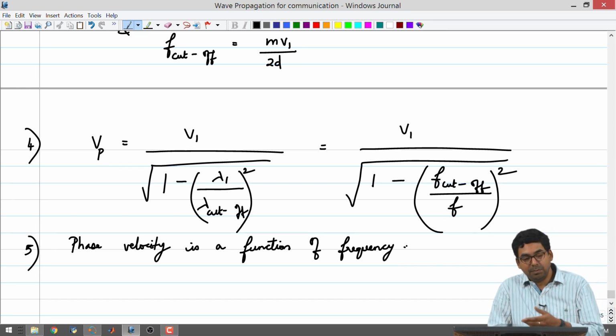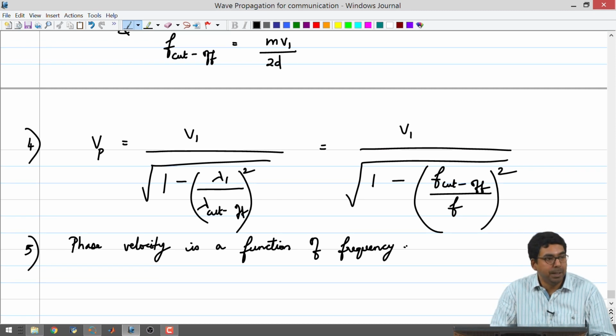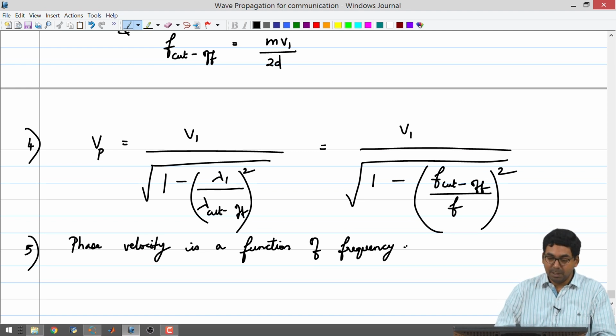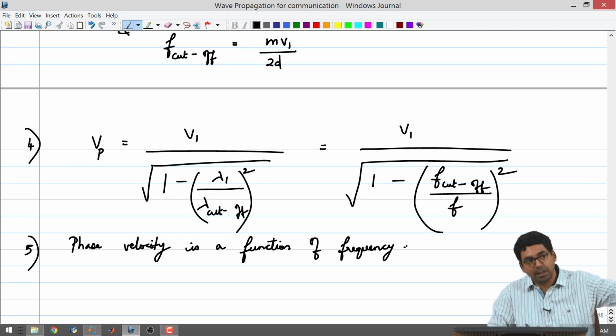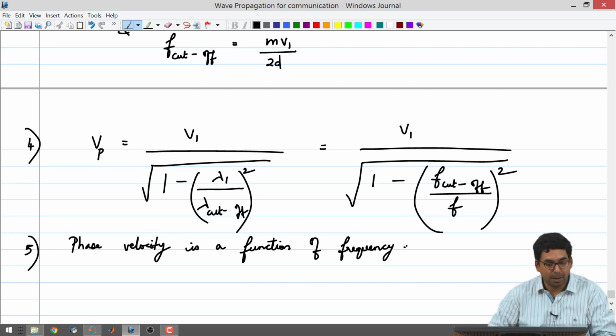Phase velocity is a function of frequency because I have on the left hand side Vp, and on the right hand side I have in the denominator f, which is the frequency that I am going to operate. That means the phase velocity is a function of frequency. So, if you have different values of frequency coming into the right hand side, you will end up with different phase velocities consequently on the left hand side.